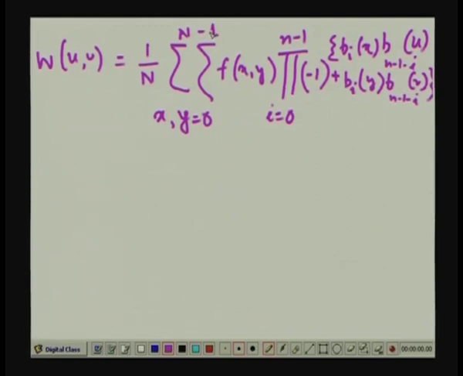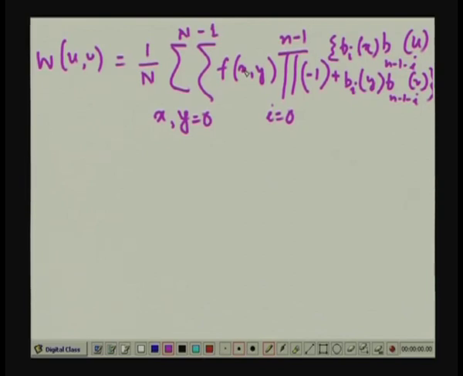And in the same manner, because the forward transformation as well as the inverse transformation are identical in case of discrete Walsh transformation, in the same expression, if I replace f x y by w u v and the summation is taken over u v varying from 0 to capital N minus 1, what I get is the inverse Walsh transformation, and I get back the original signal f x y from the transformation coefficients w u v.